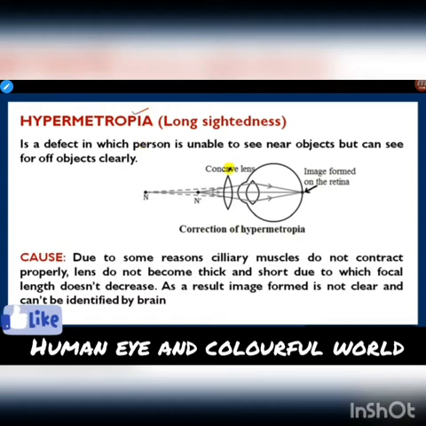This is also due to some reasons of the ciliary muscles. They do not contract properly and the lens does not become thick and short, due to which the focal length doesn't decrease. As a result, the image formed is not clear and can't be identified by the brain.